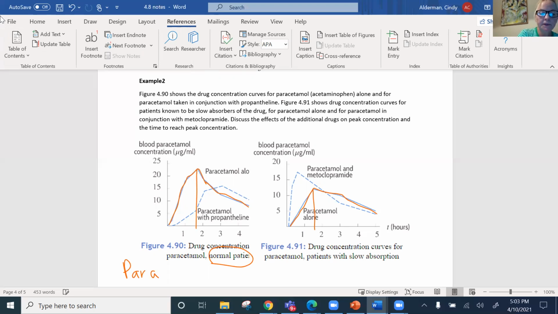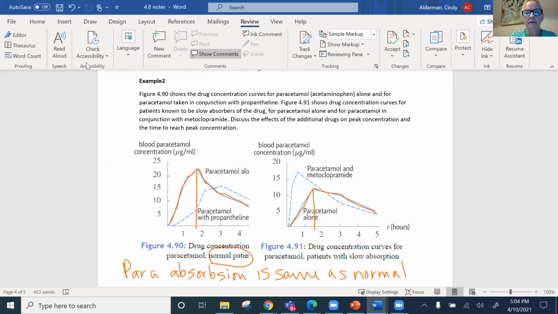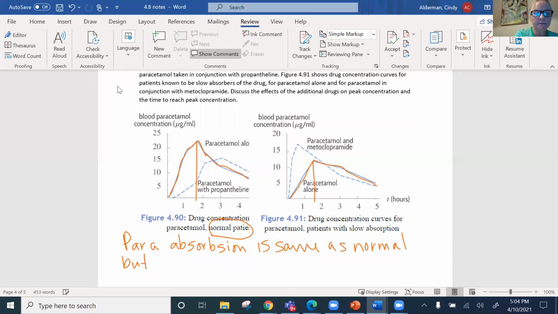So para absorption is the same as normal patient, but the max concentration is much lower. For a patient that has slow absorption.